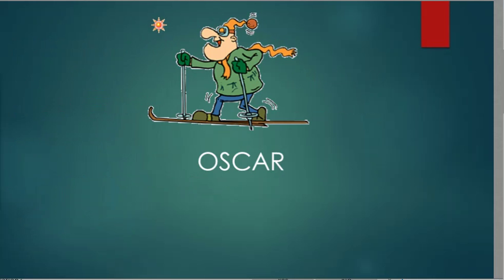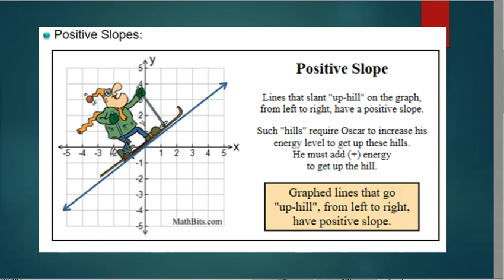In order to help us understand what slope is, we're going to use our friend Oscar here, a cross-country skier. Every line that we can draw on the coordinate plane has a certain slope. Lines that slant uphill on the graph from left to right have a positive slope. Such hills require Oscar to increase his energy level to get up these hills.